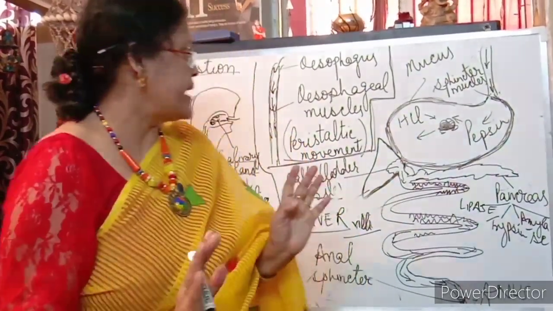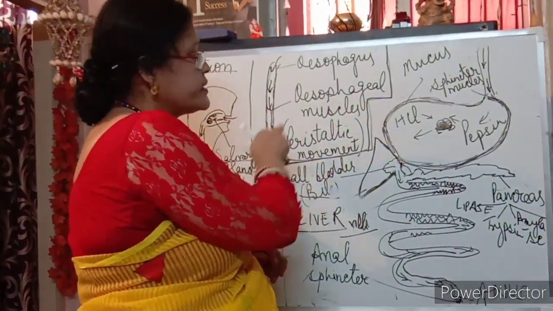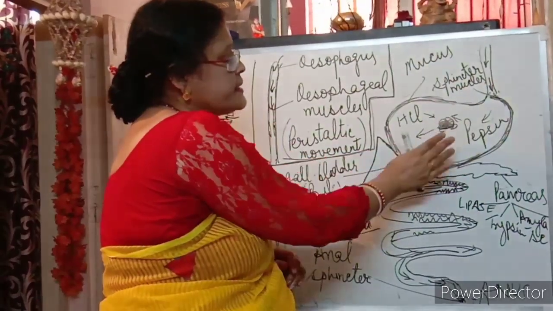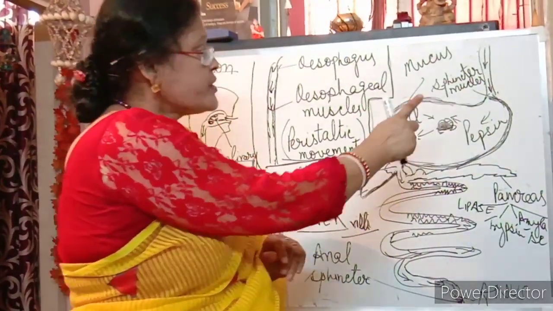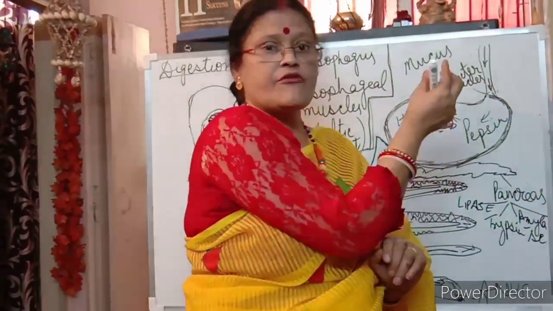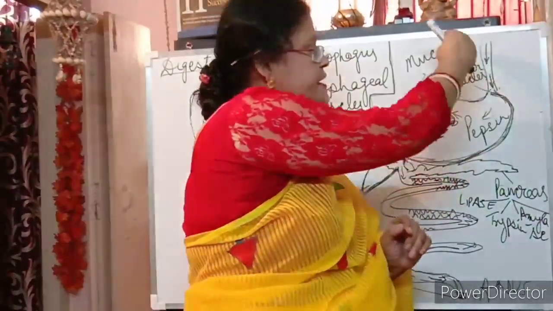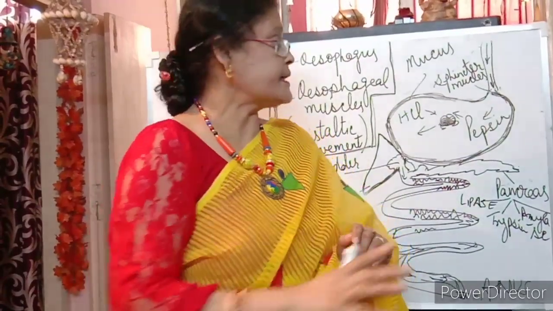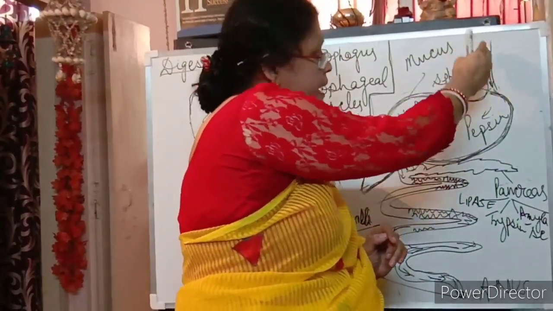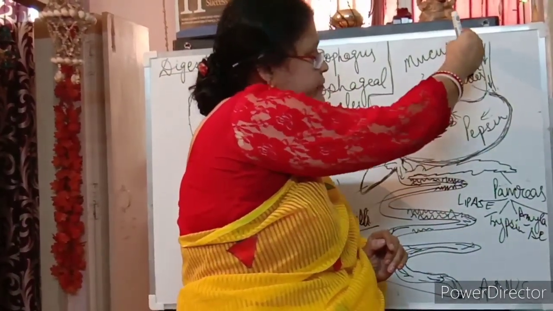Clear? Now, come next. From esophagus, food enters inside the stomach. There are sphincter muscles. That means there are flap-like muscles which allow the food to enter but prevent the backflow. Right? Now, sphincter muscle allowing the food and preventing the backflow.